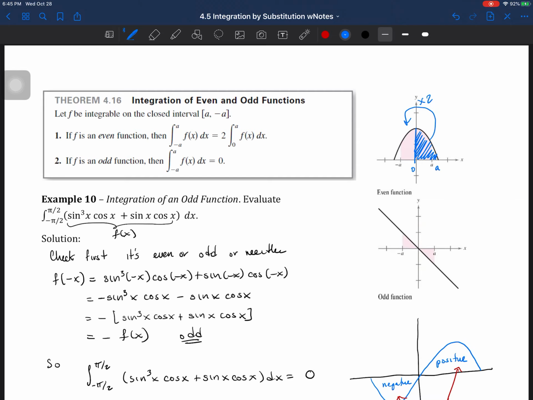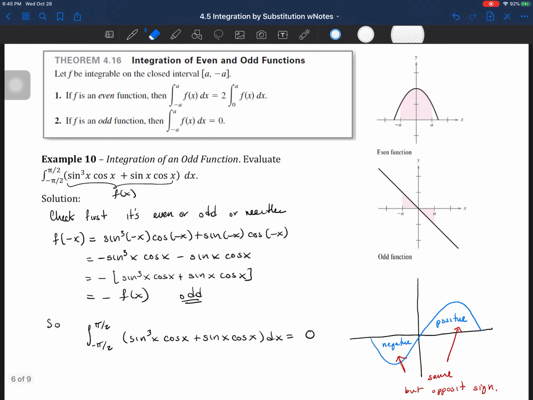Instead of going from here to here, we're just going to divide it and do from 0 to a, and then double it to make sure that we get the entire area. So that's pretty clever, right? And it gets useful when we do a lot of the trig functions, because those are easy for us to recognize whether they're even or odd.